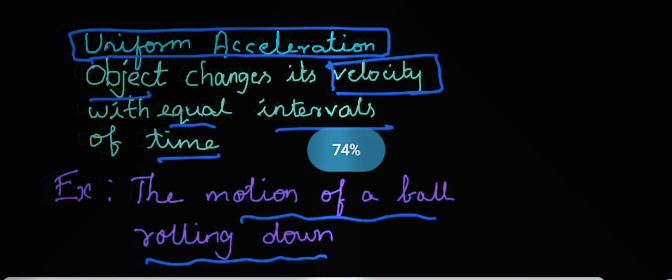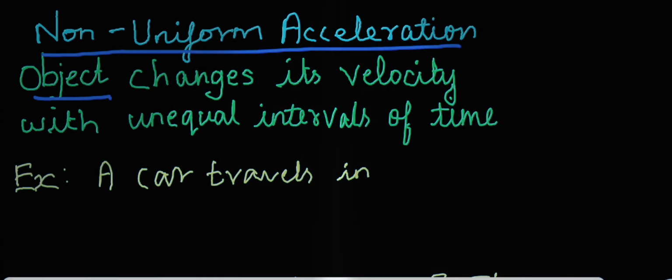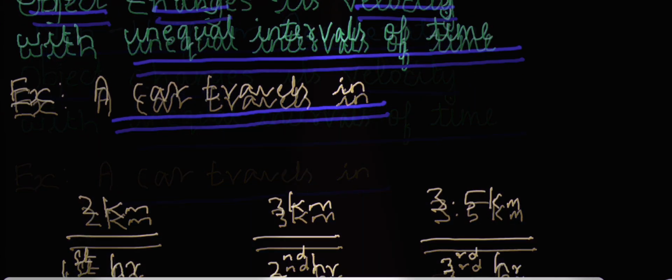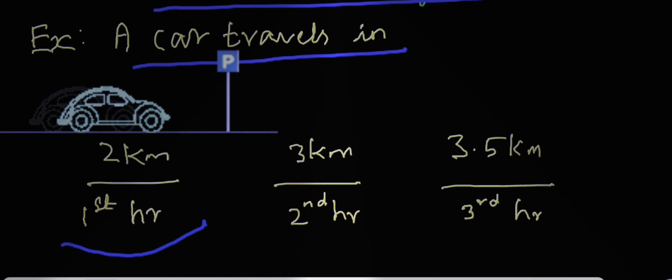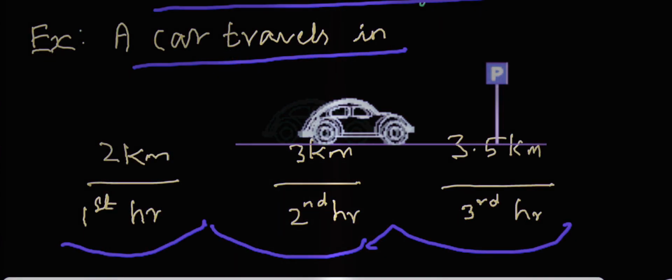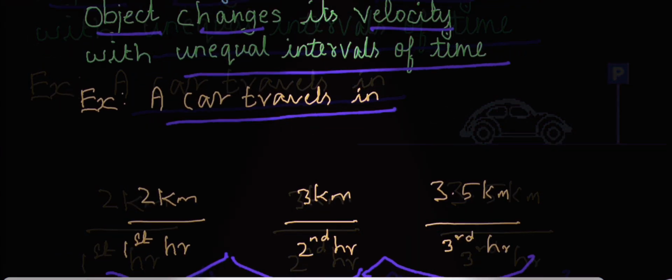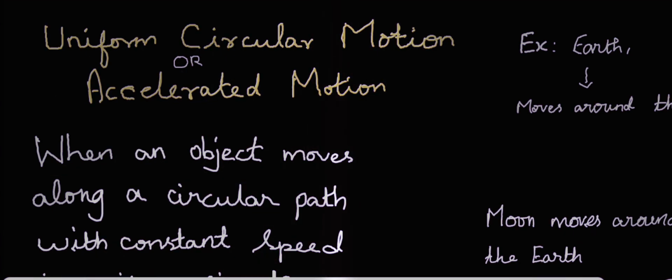This is opposite to non-uniform acceleration, where the object changes its velocity with unequal intervals of time. Example, a car travels 2 km in the first hour, 3 km in the second hour and 3.5 km in the third hour. Here the time is the same but the distance covered varies.